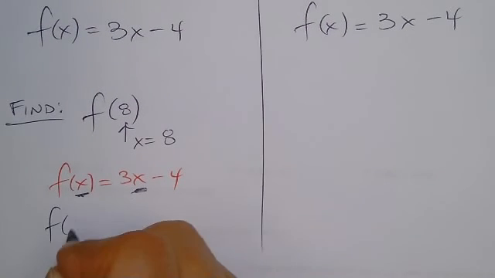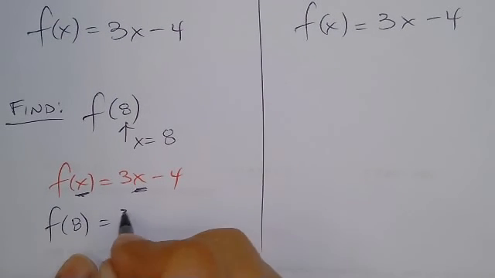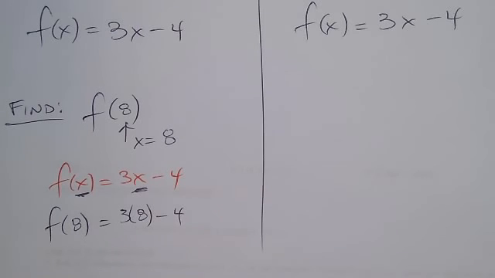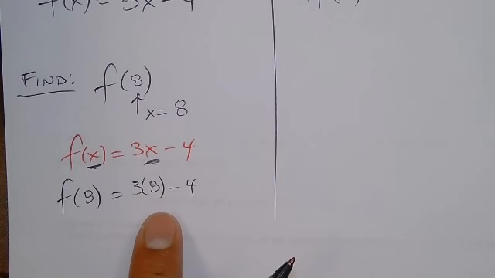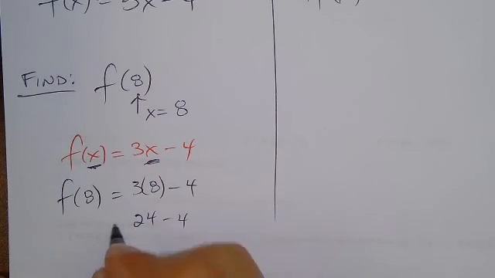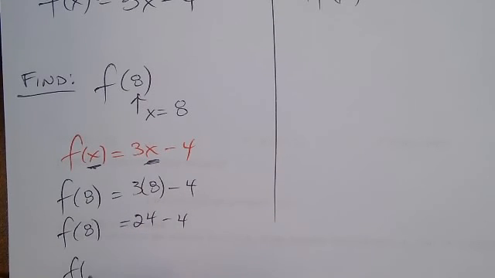So for this function, everywhere there's an x, you're going to put an 8. So f of 8 is 3 times 8 minus 4. This is the same one we did yesterday, and you got 20.